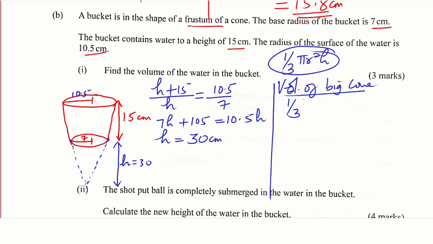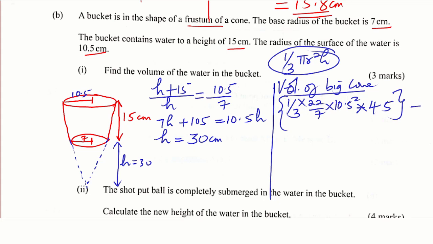So bigger cone: a third times pi, which is 22/7, times radius. Radius of bigger cone is 10.5 squared, times the height, which is 45. So that is how we get the volume of the bigger cone, a third pi r squared height.